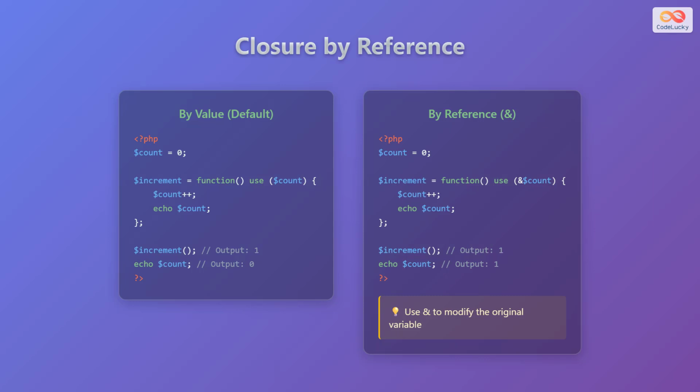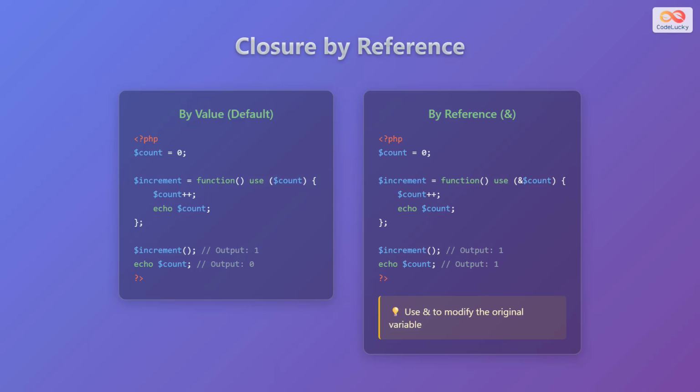In order to modify the variable from the parent scope, we must pass it by reference using an ampersand. Here is an example of this. Again, we assign the variable $count a value of 0. Then we assign the variable $increment, an anonymous function that uses the count variable from the parent scope. Note that in the use statement we have an ampersand before the count variable.